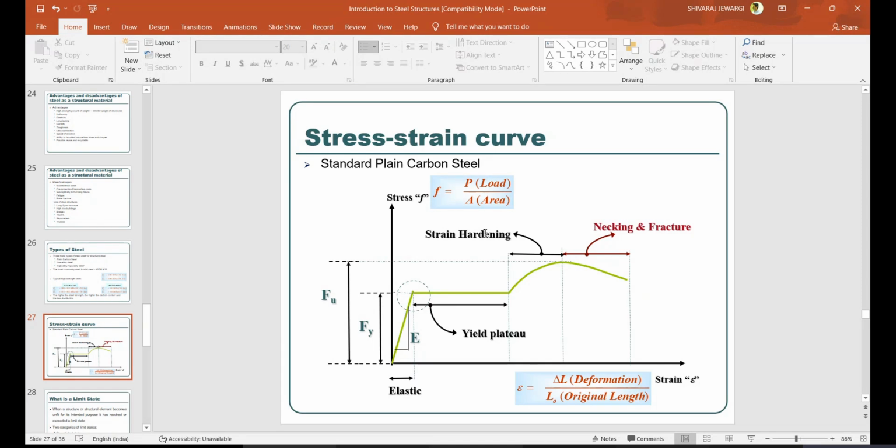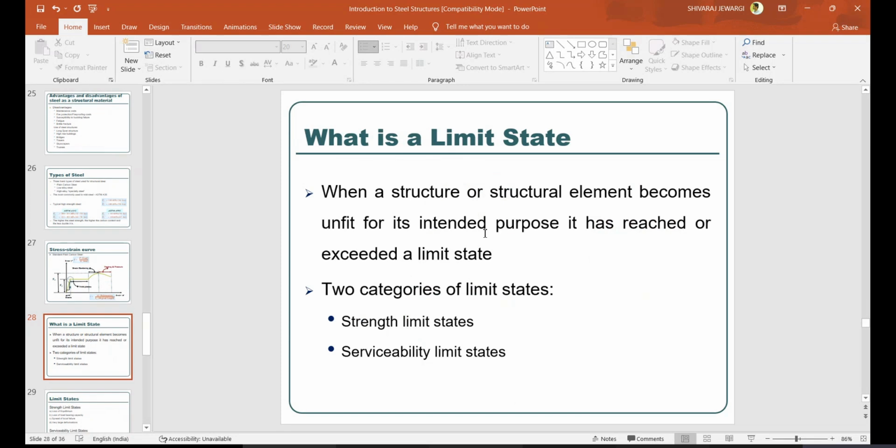Then we'll go to the next. Next is the limit state. Earlier we had design practices like the working stress method and the limit state method. Nowadays, are we using the working stress method for design, even for RCC or steel?